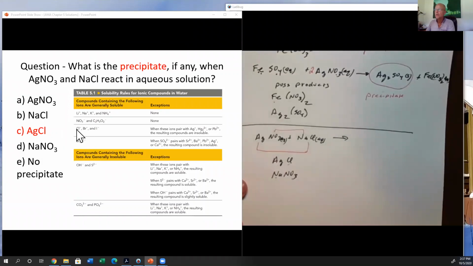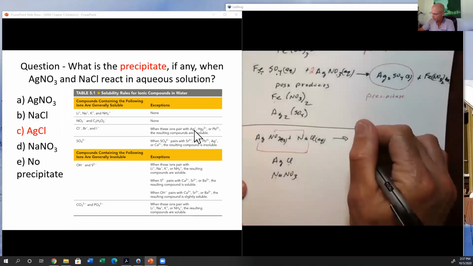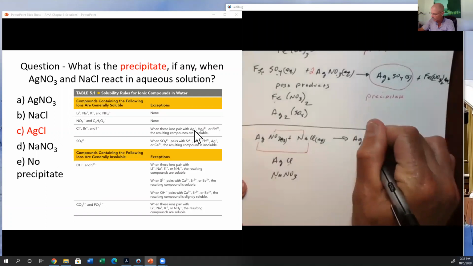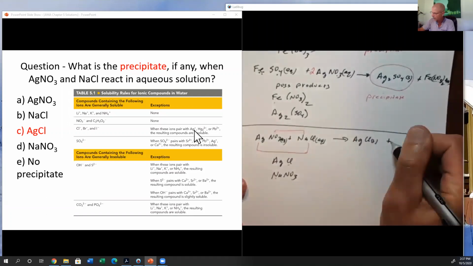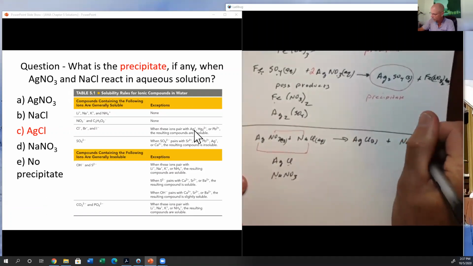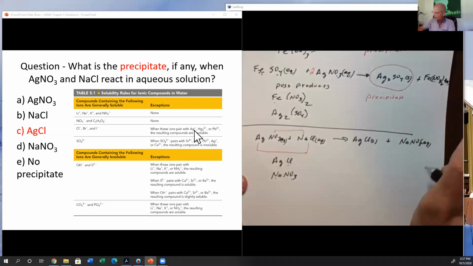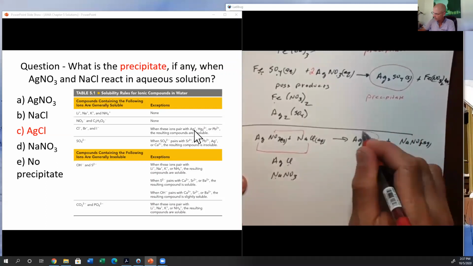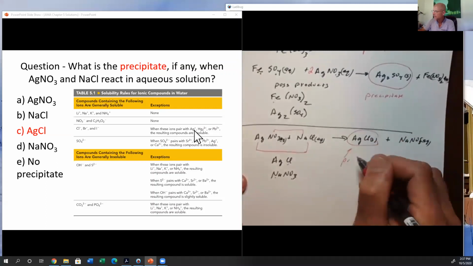Chlorides are generally soluble, but silver is an exception. So you'd write AgCl solid plus sodium nitrate aqueous, and the solid tells you that this is your precipitate.